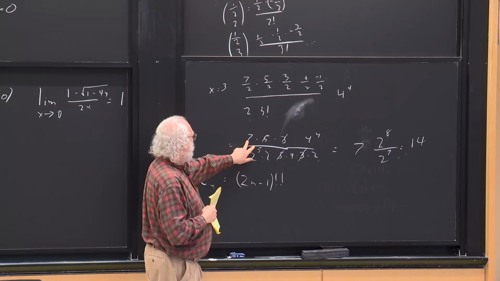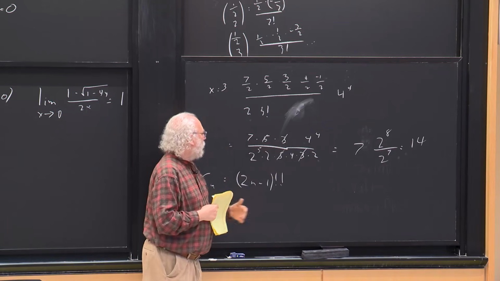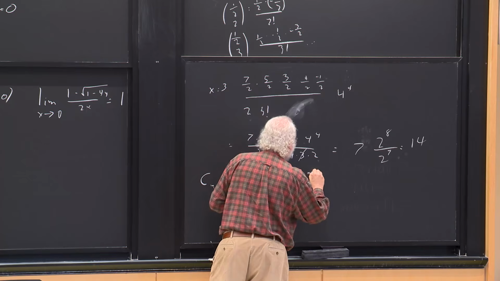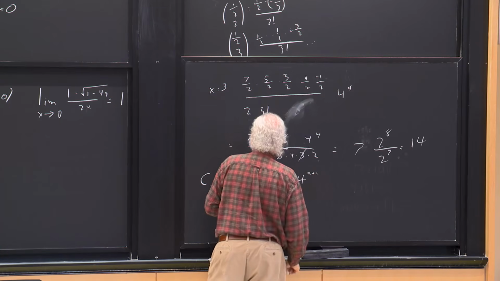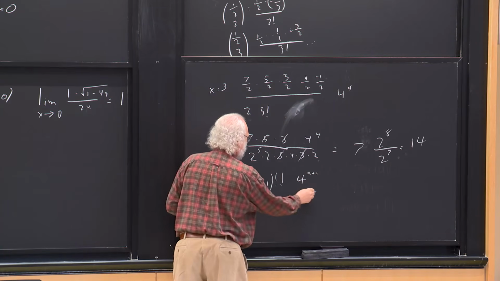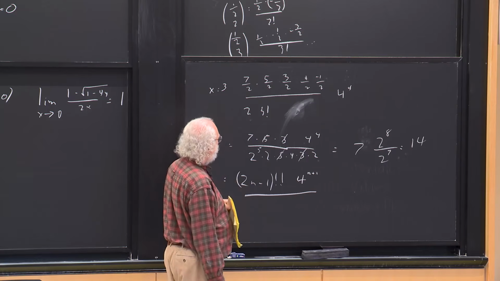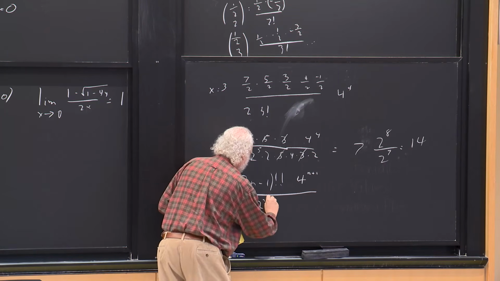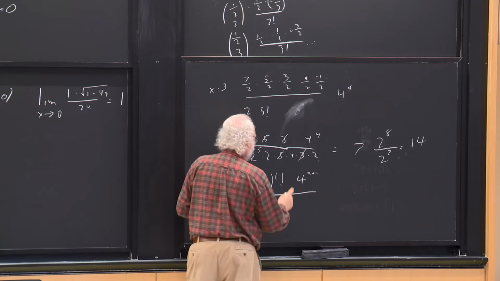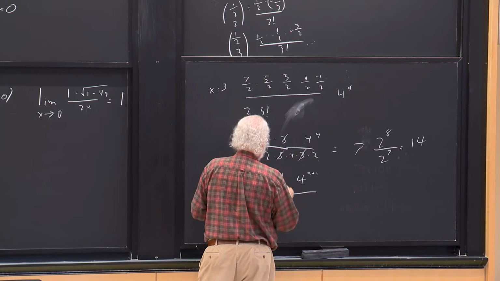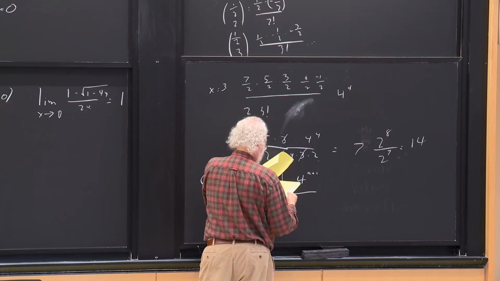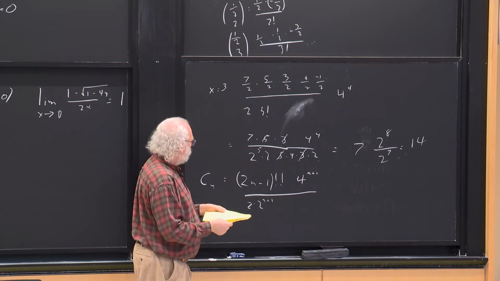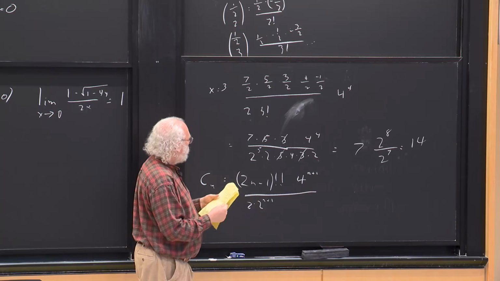So this is 7 double factorial, that's 7 times 5 times 3 times 1. 4 to the n plus 1 divided by 2 times 2 to the n plus 1 times, should be n plus 1 factorial.